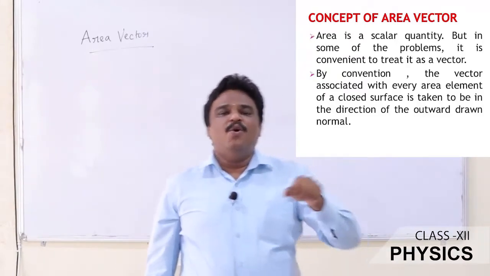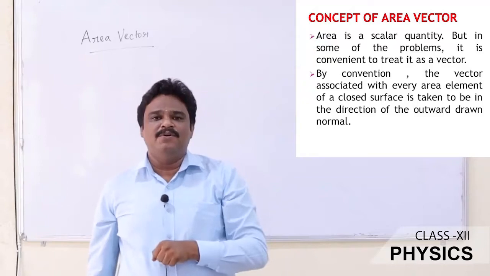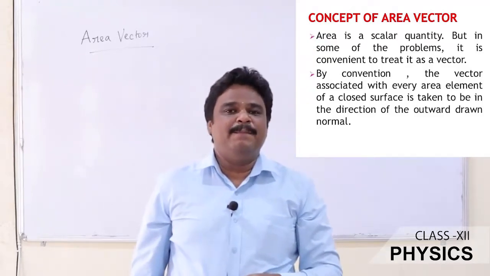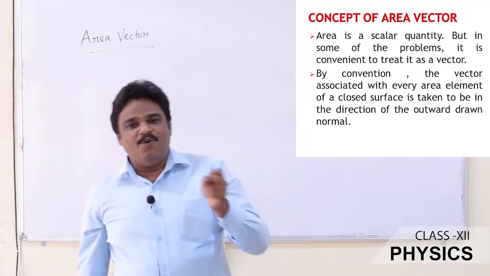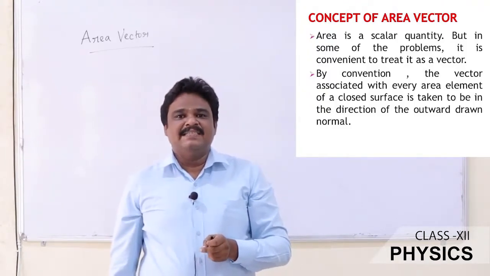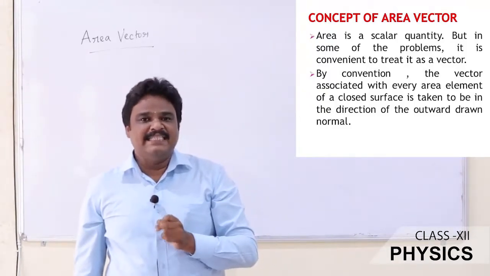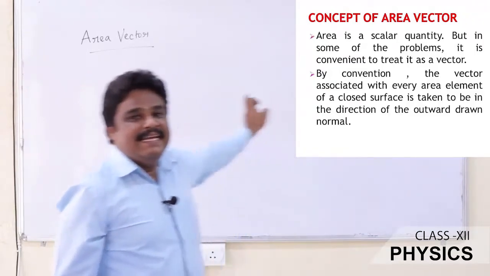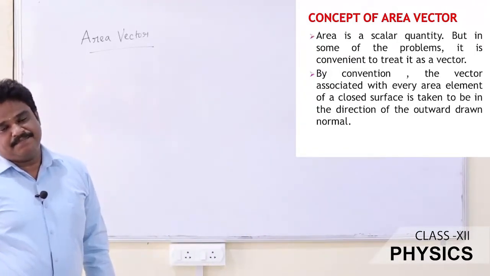If I hold the ring parallel to the flow, the amount of water flowing will be minimum. So ultimately, orientation of the surface is a must in such cases, and that is the need for area to be treated as a vector.